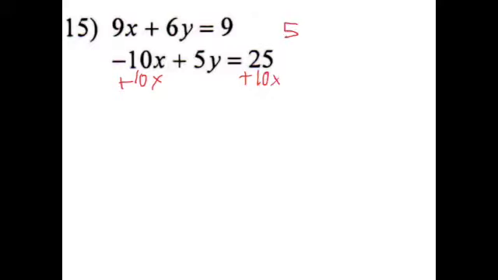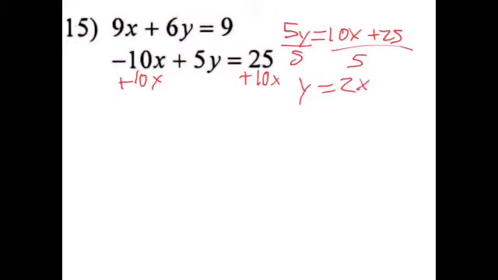So now I'm going to have on the left side 5y equals 10x plus 25. I just need to divide everything by 5 to get y equals 2x plus 5. And now I know what y is. And so I can take this 2x plus 5 section here and plug it into my other equation.